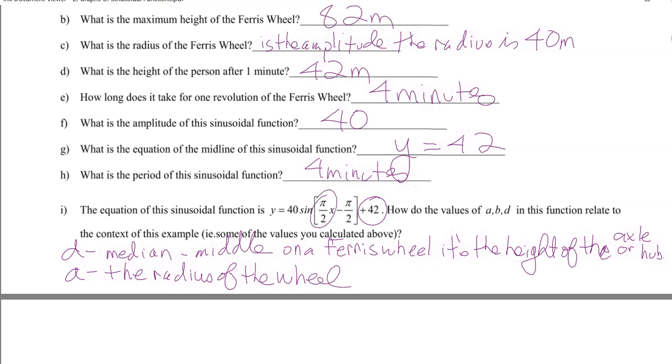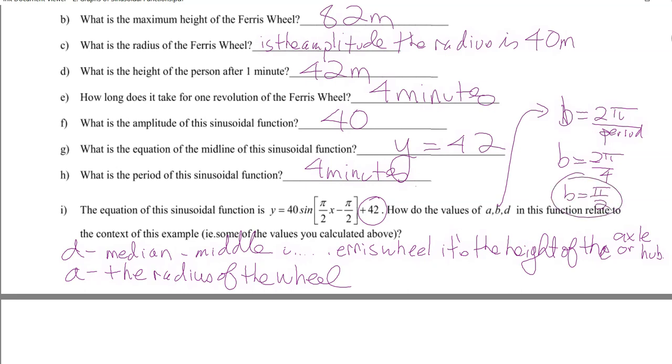Now, notice the B value, we know the period is 4 minutes. The B value is not 4. Okay, but we do have a formula, which says that B is equal to 2 pi divided by the period. So B is going to be 2 pi divided by 4, which is pi over 2.